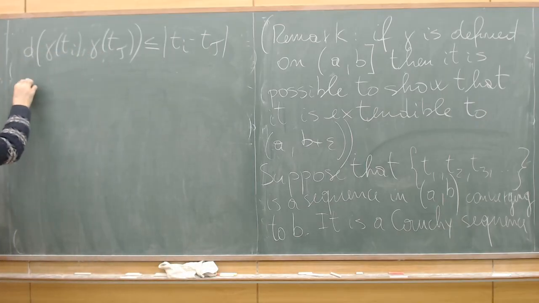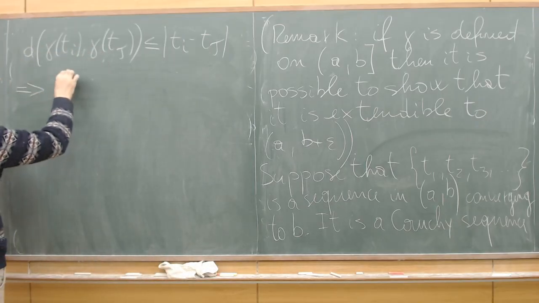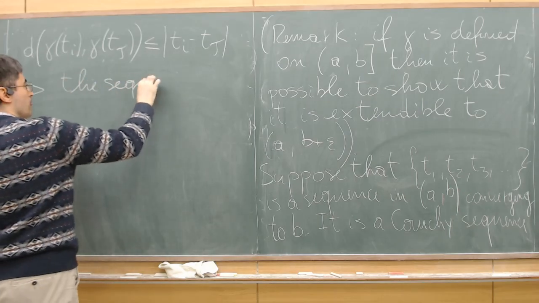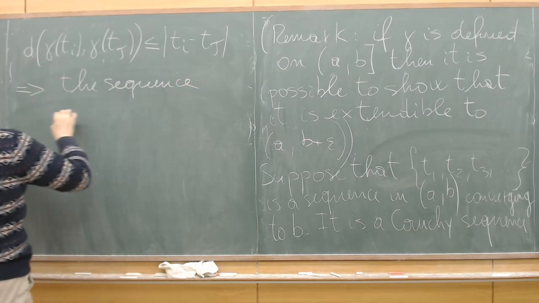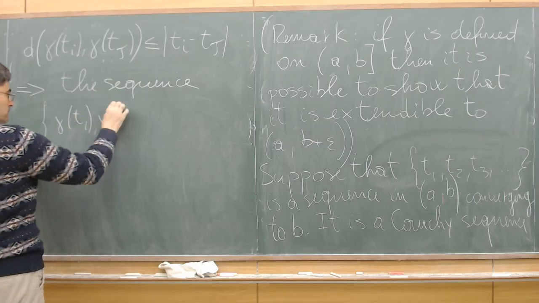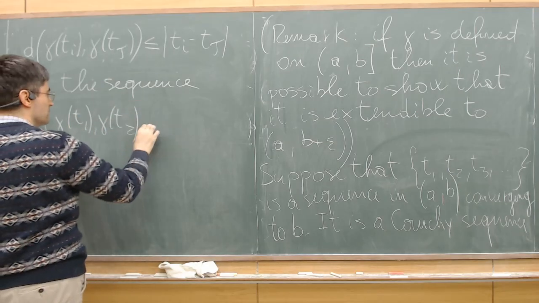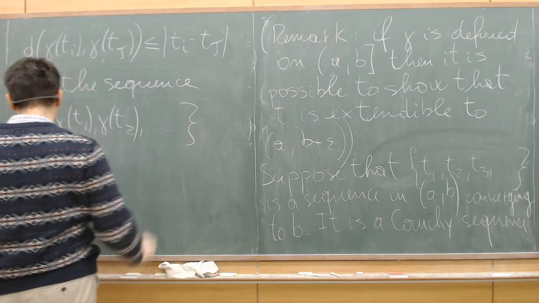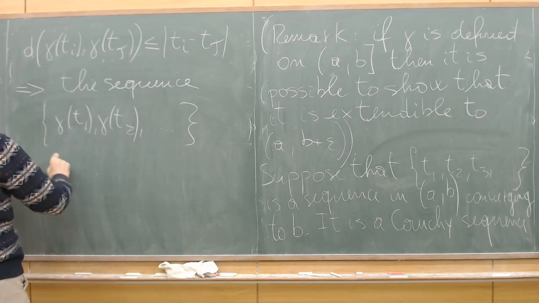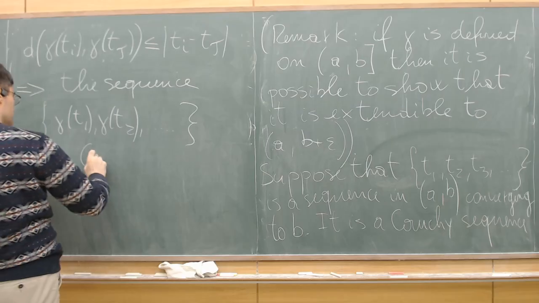This implies that the sequence gamma T1, gamma T2, and so on is d-Cauchy.